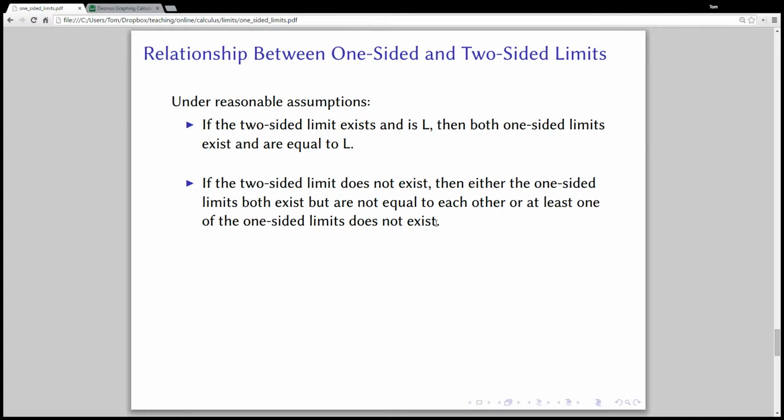We haven't had an example like that, but there are plenty of such functions where the one-sided limit won't exist. And if the one-sided limit doesn't exist, automatically you know that the two-sided limit doesn't exist. Just because the two-sided limit doesn't exist, though, means either one of these things could happen, so you're not really sure which.